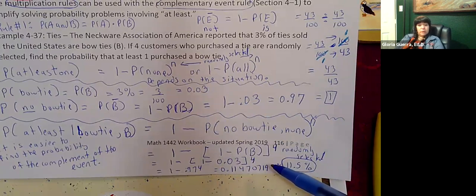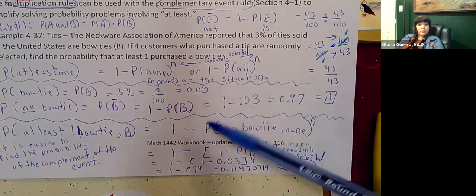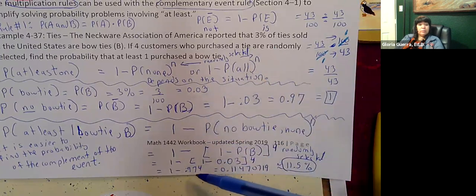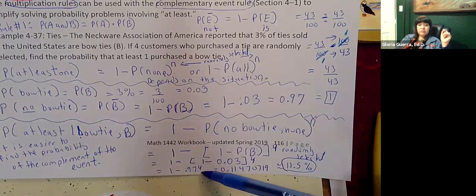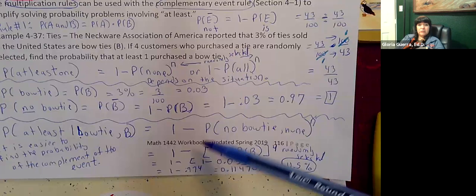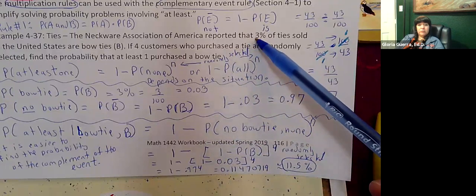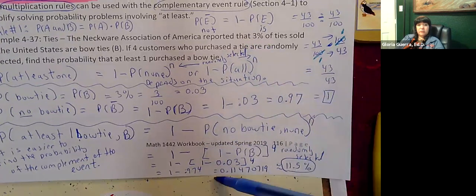All right. So that worked out fine. And if you think about it, this came from 97%. 0.97 came from the idea of 97%. So you see we had over here 3%, and 3% and 97% is a total of 100%.